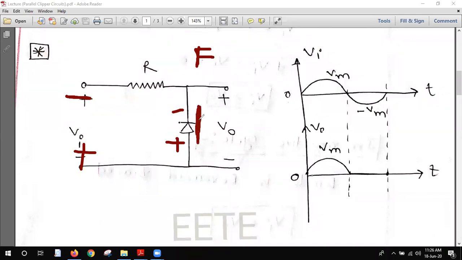As it is an ideal diode, the voltage drop is zero. So the V output will also be zero because the output is across the diode. So you see that in the negative cycle, there is no voltage in the output. So I think you were clear in this type of parallel clippers.